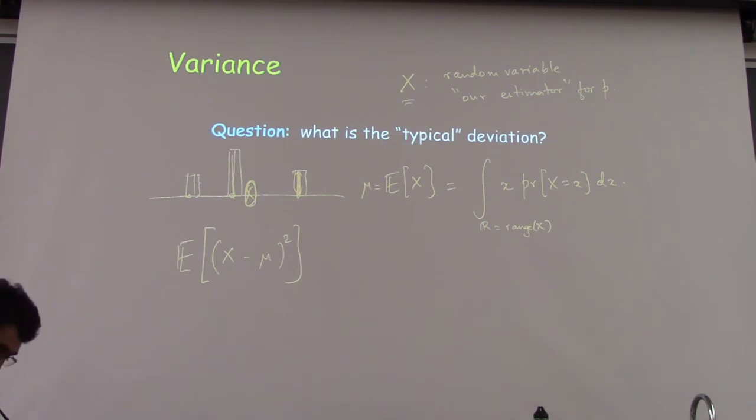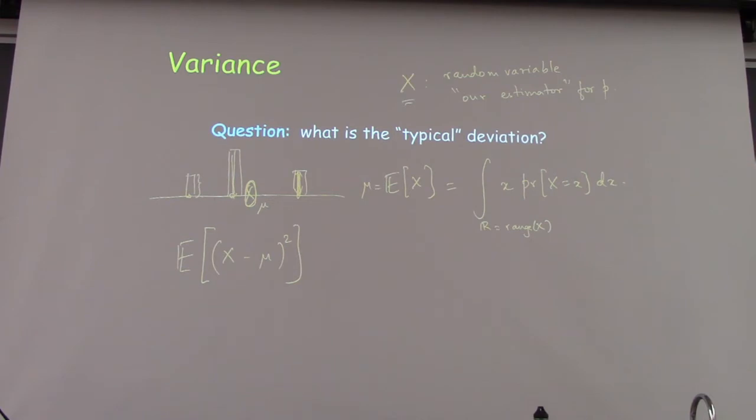So mu is here. It's always a little bit off from mu, right? Sometimes it's here, sometimes it's here, sometimes it's there, even though the expectation is actually in the middle. And this is often true for discrete variables. If you have 1 happening with probability 1/4 and 0 happening with probability 3/4, your expectation is 1/4, but your random variable never actually takes the value 1/4.